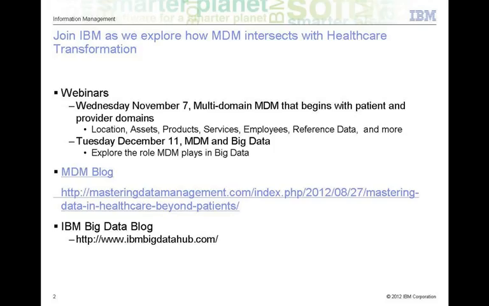Many of you on the line may also be using our technology to address the provider domain of master data management, and we'll explore other issues. So we're starting this series today with discussing the Clinical Hub and MDM, and specifically operational analytics.